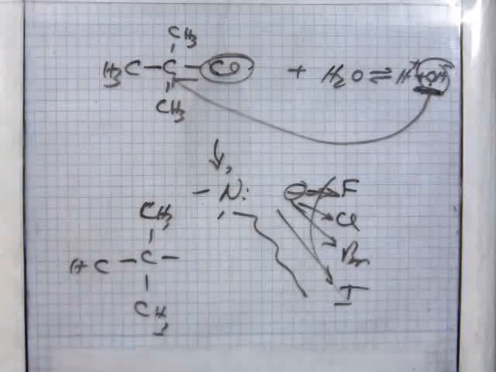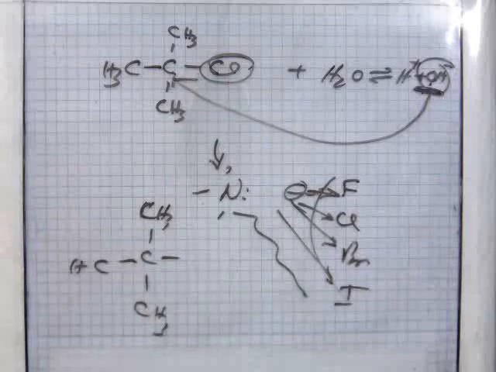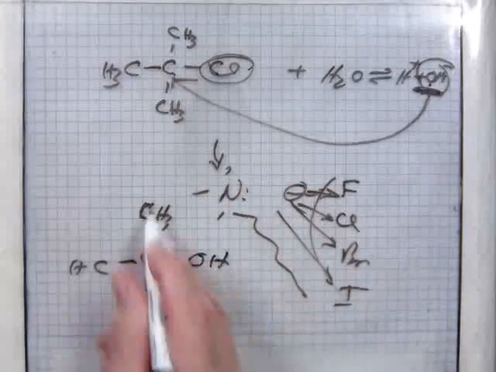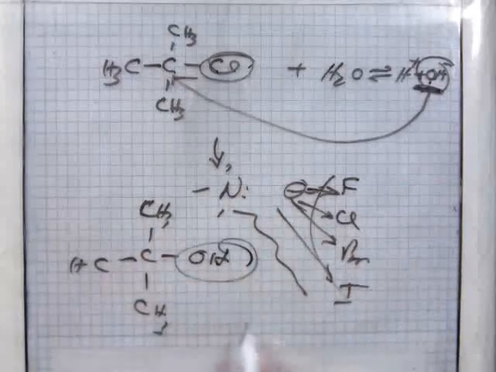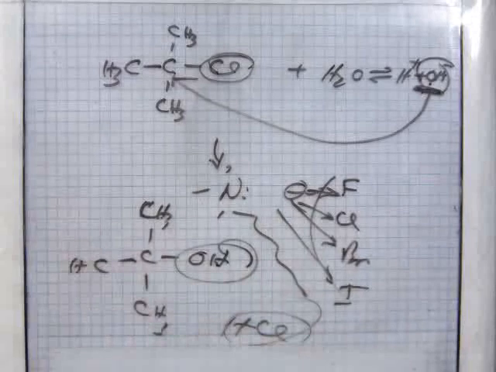It'll replace anything over here with a high electronegativity. But high electronegativities are usually the ones that are called the leaving groups on the other side of the molecule. So throwing this in, you would get t-butyl alcohol out of it, and you have some hydrochloric acid left over when everything's said and done.